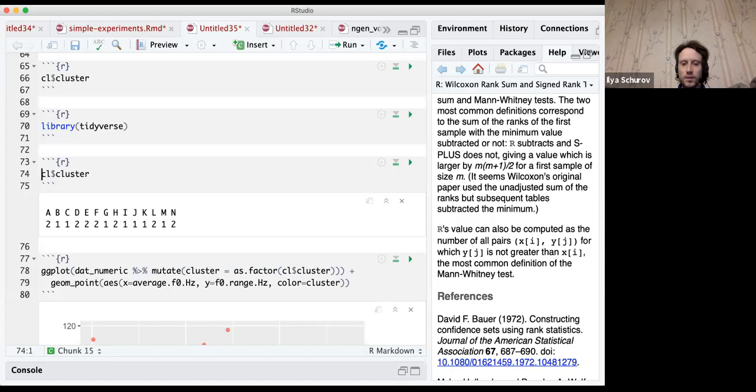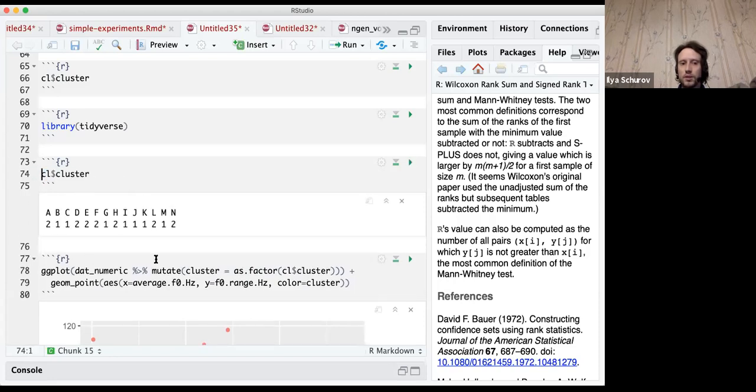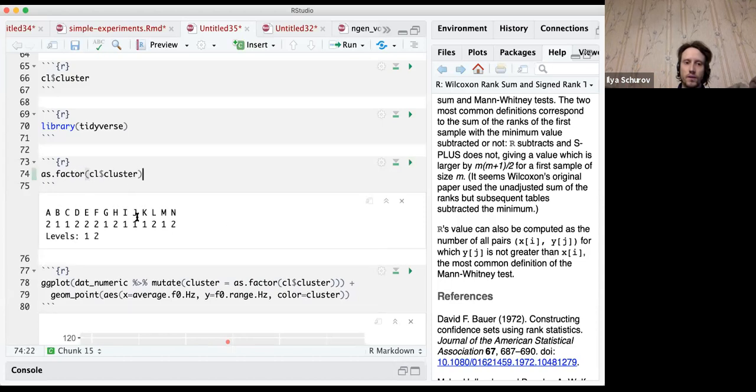If I ask what it is, yeah, it says that it is just a vector of integers. But I want this thing to be not numeric, but just some kind of categorical variable. So I convert it using this as.factor. Now this is a categorical variable with two levels, 1 and 2.